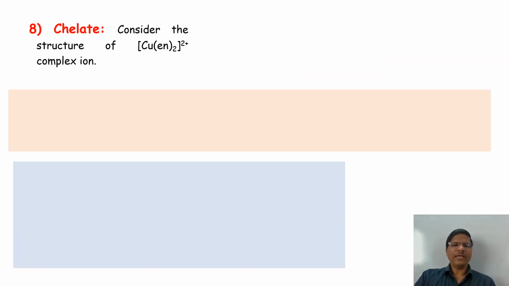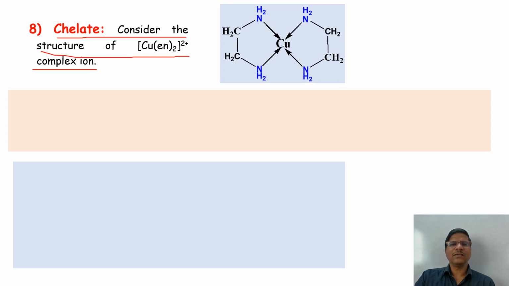The next definition in coordination chemistry is the chelate. We will consider the structure of the Cu(en)2 2+ complex ion. So what is the structure? The structure is shown here.